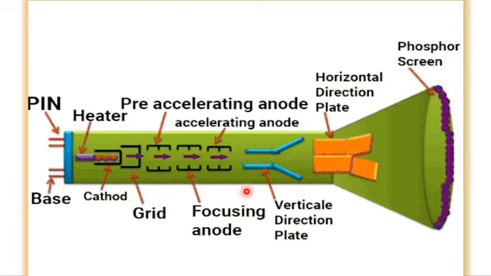This comprehensive lecture is more than 2 hours, and you can easily understand the essential components, the chemical and physical structure of all those essential components, and the electronic or magnetic manipulation which is required with the essential components of the cathode ray tube. So you can easily understand all the physics, chemistry, electronics, or magnetism associated with the components of the cathode ray tube.